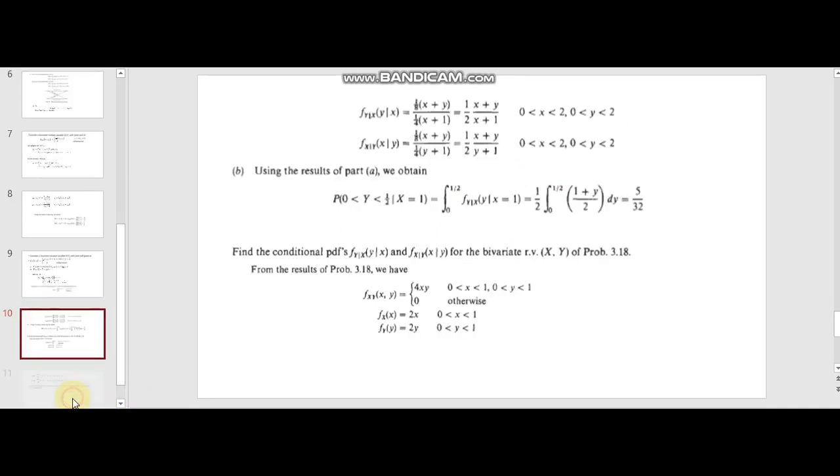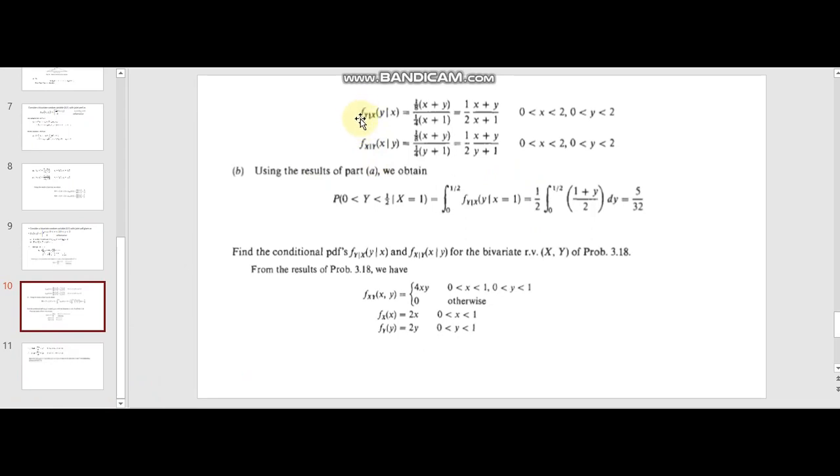So here I will get the conditional pdf of y given x, which is equal to 1 over 2 into x plus y divided by x plus 1. The condition is when x and y are greater than 0 and less than 2.